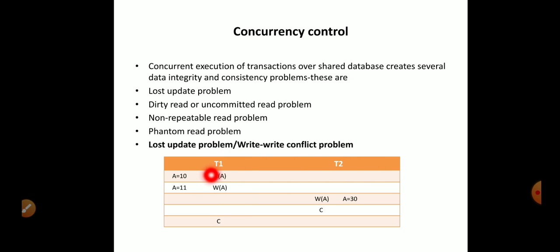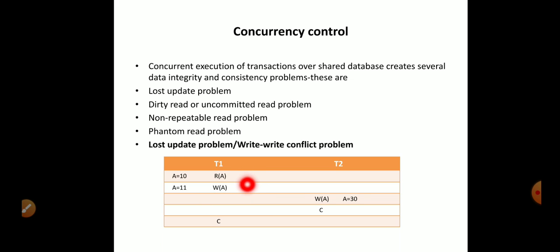Transaction T1 first reads the data variable A, which has the value 10, and after some time it writes the value of A. It makes some changes and increments the value of A to 11. Now transaction T1 has written the value of A as 11 to the local buffer.